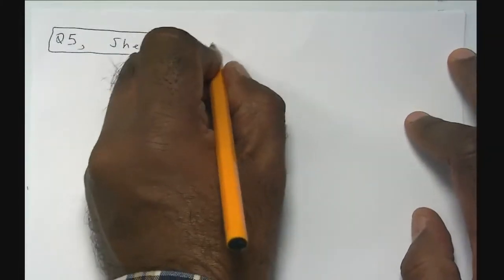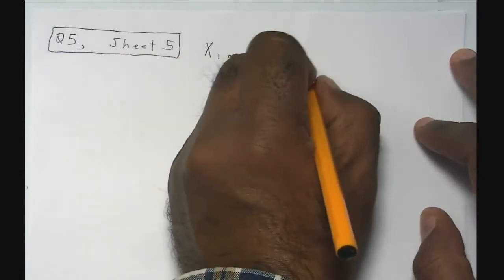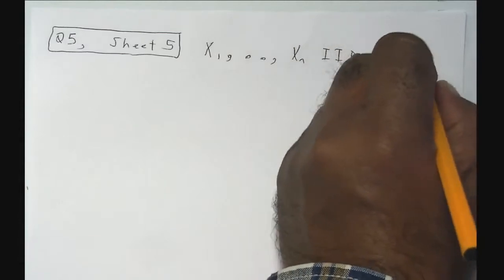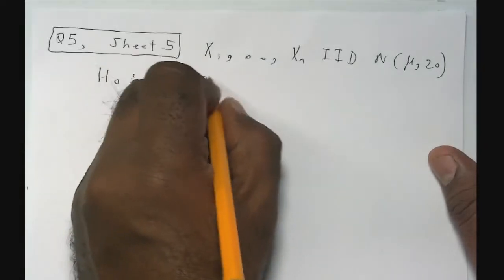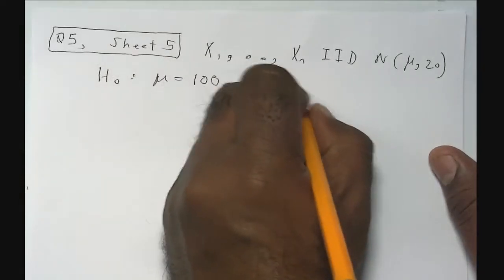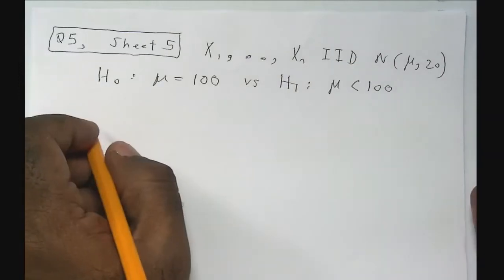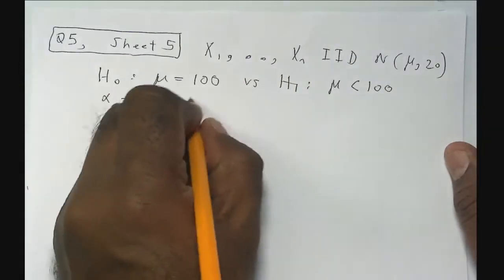It says that you have a random sample from a normal distribution with parameters mu and 20. And you're testing the hypothesis that mu equal to 100 versus mu less than 100. And you're told that alpha is 0.05.